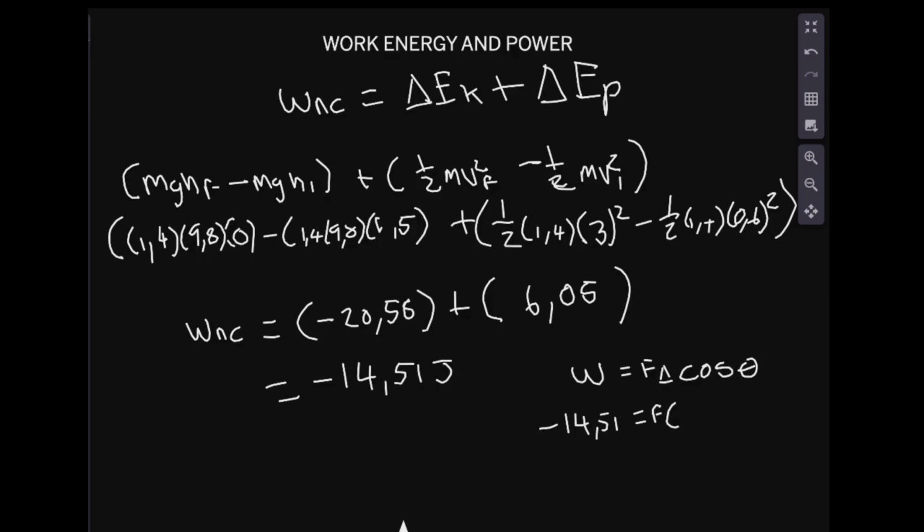Okay, 1.8 meters. And because it's a frictional force, it was acting directly opposite the direction in which the truck was traveling, which makes the angle 180. Happy? So now that makes 1.8 multiplied by cos 180 to be negative 1.8.